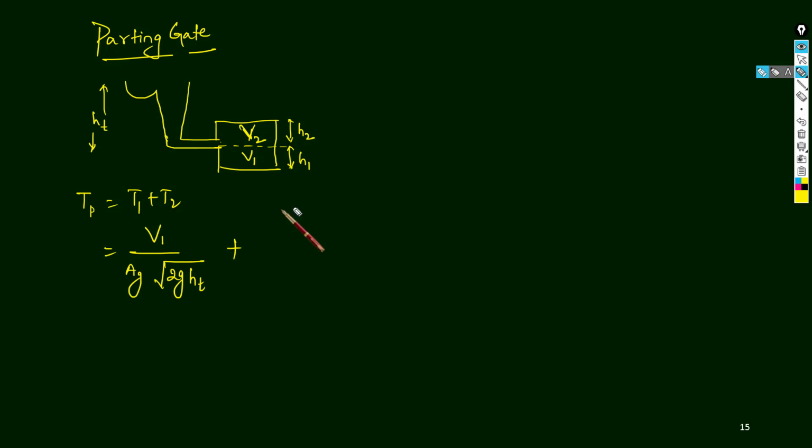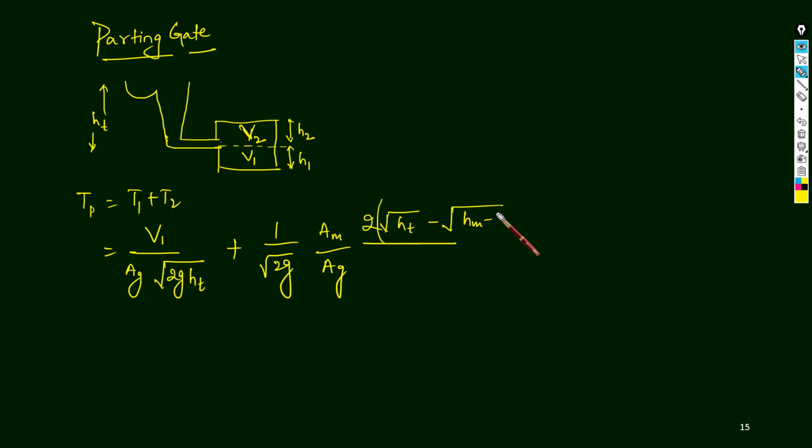Just go through that expression. The expression is 1 by root under 2g, Am divided by Ag, and 2 into root under Ht divided by, 2 into root Ht minus root under Ht minus Hm, sorry, Ht minus Hm.